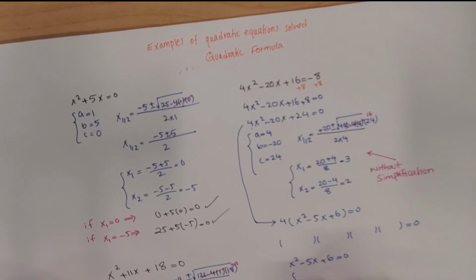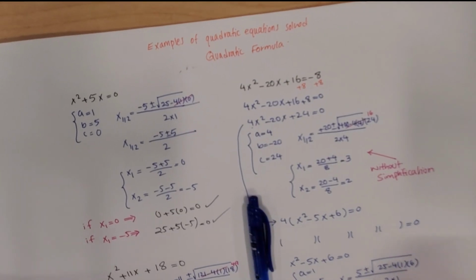So from here, let's identify a, b, and c. x1 and 2 would be negative b plus and minus the square root of b squared minus 4ac, over 2 times a. So let's simplify under the radical.